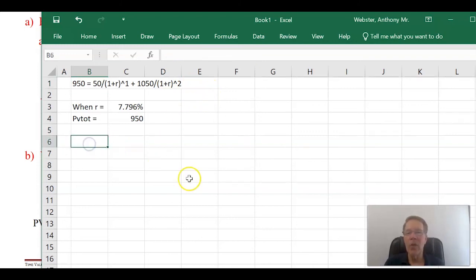The way you would do that would be to use the magic of algebra on this, multiply both sides by 1 plus r squared. So then you would have 950 times 1 plus r squared. Okay, and what else do we have here?